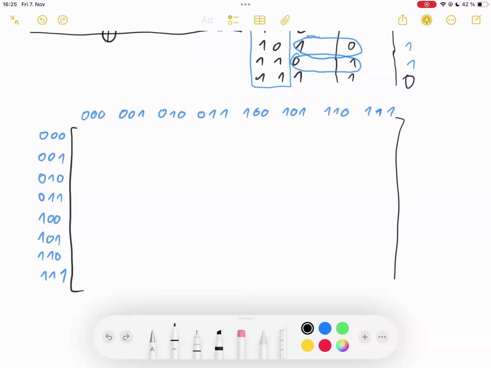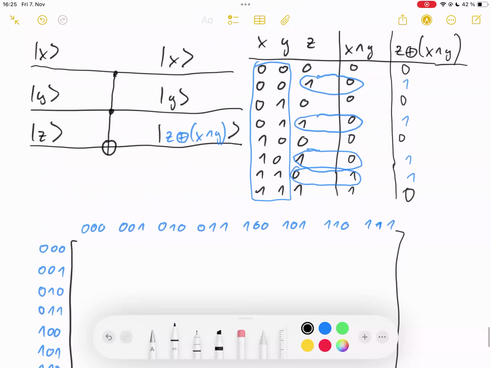So we can think about what this matrix would look like. We have our 0, 0, 0. What does this get mapped to? We see that the first two, x and y, don't change. And the last one may change or not.